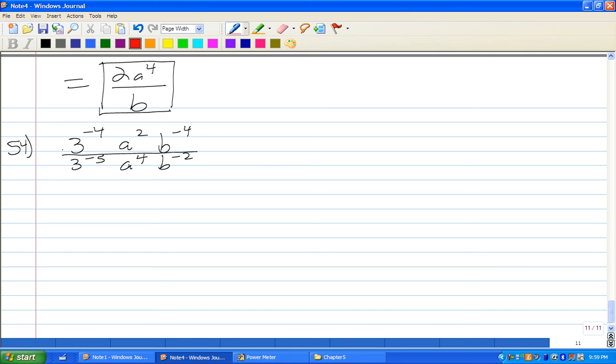So I have a negative exponent. I'll bring this to the denominator, bring that guy to the denominator. I have a negative exponent, so I'll bring this to the numerator, and I'll bring that one to the numerator.